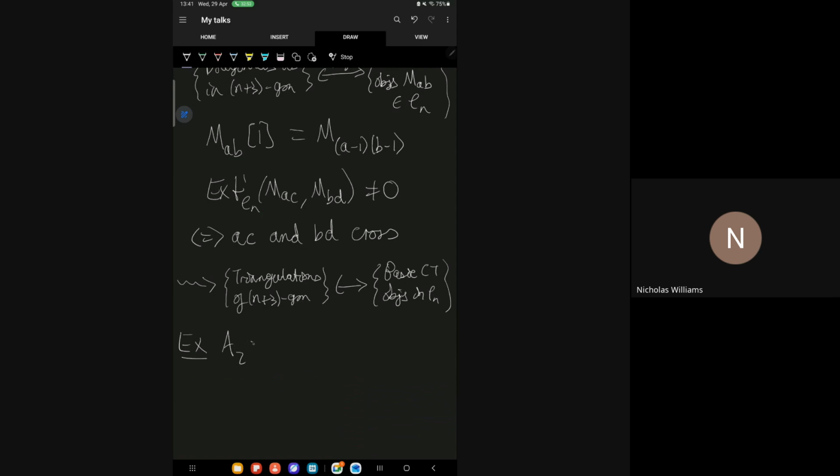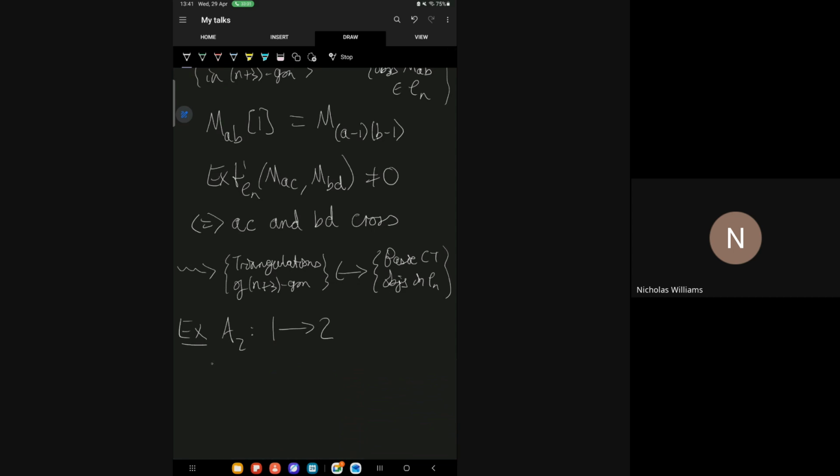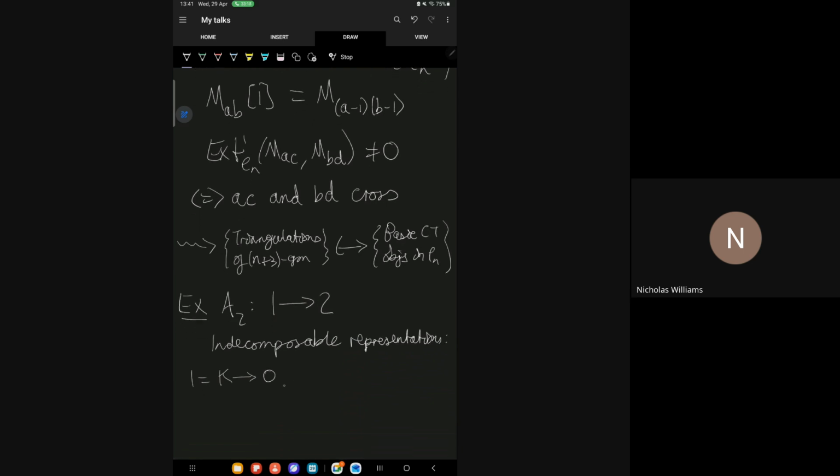So the A2 quiver is as follows: this arrow with 2 vertices labeled 1 and 2. It has the following indecomposable representations. So you have 1 corresponding to this representation. This representation, I'm going to label 1, 2.